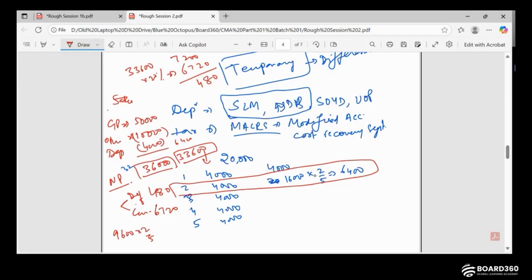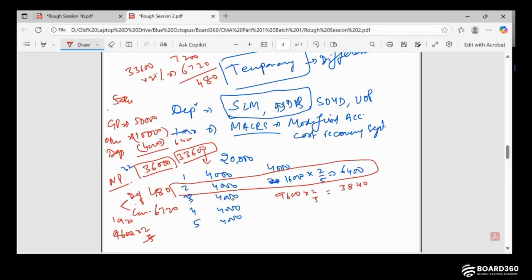So 16,000 minus 6,400 is 9,600 into 2 by 5, which comes out to be 3,840.